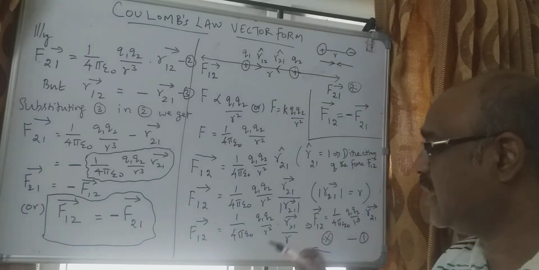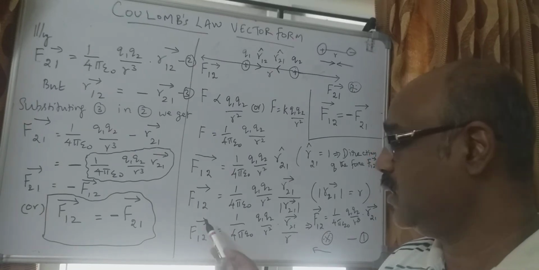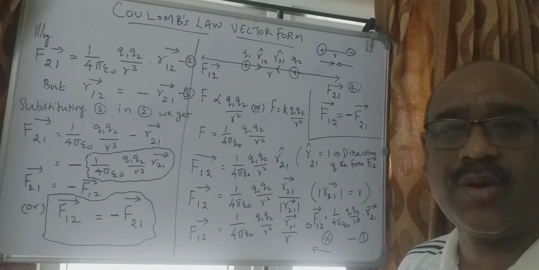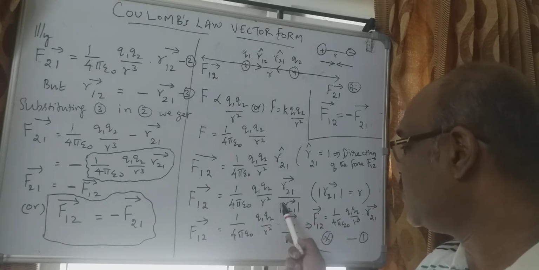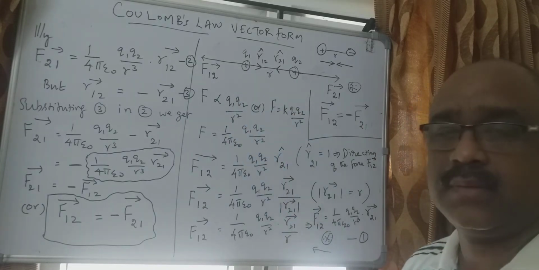So, what I can write is force on 1 by the charge 2 in vector form is equal to 1 divided by 4 pi epsilon naught q1 q2 divided by r square, and this becomes simply the distance of separation r.